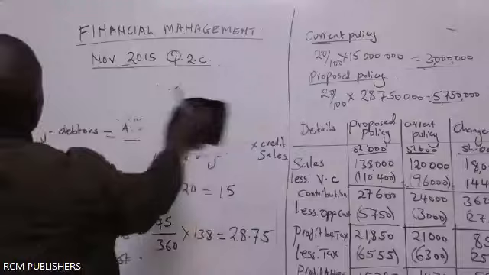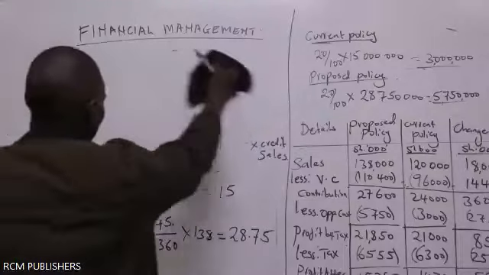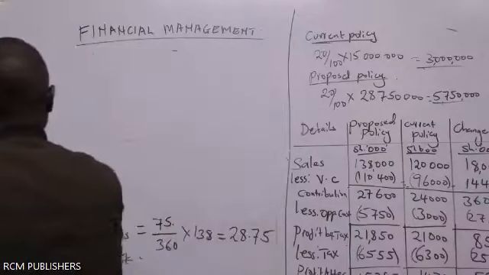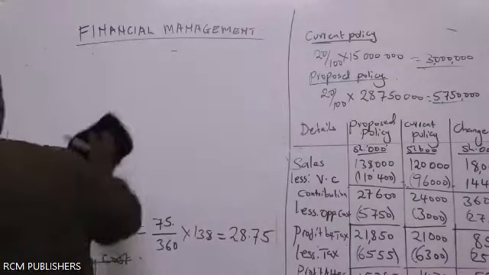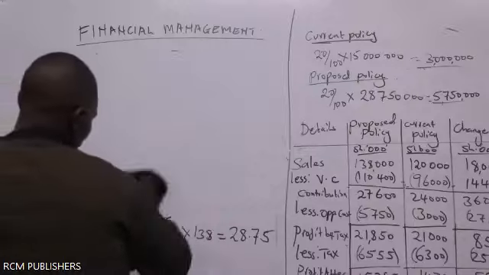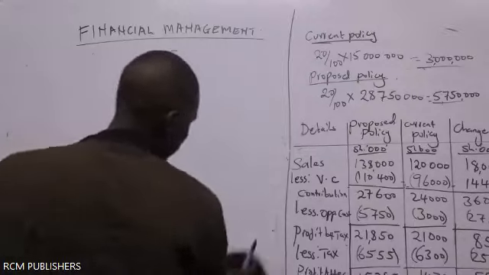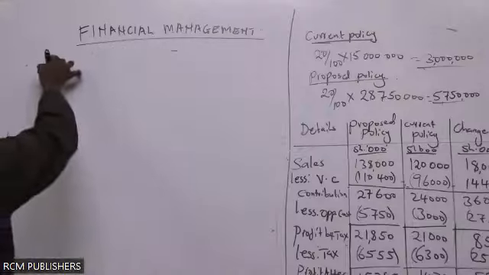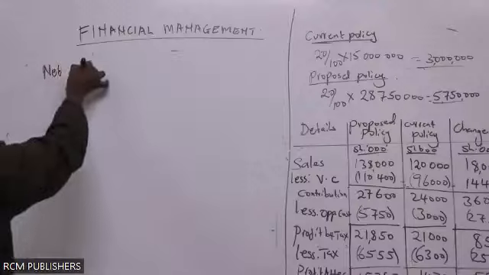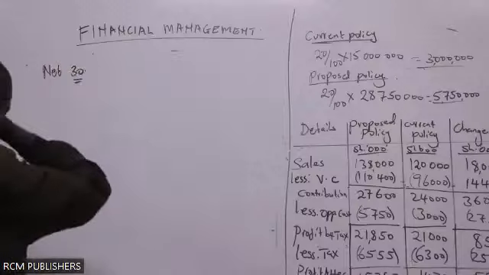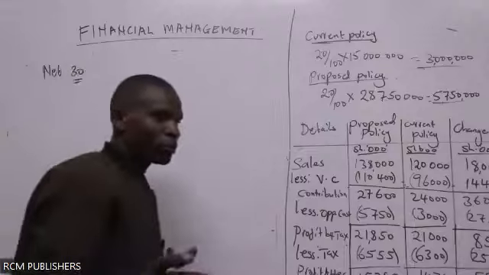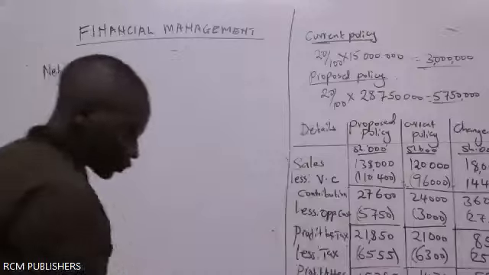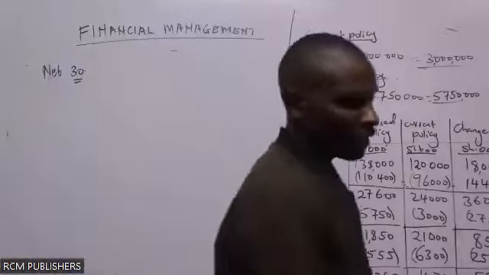Let me just click up that for you. But the November 2017, when you do that you begin, tunasema net 30. Sikia hivi. Kuna vile it should be net 30, then some information telling you of a discount.